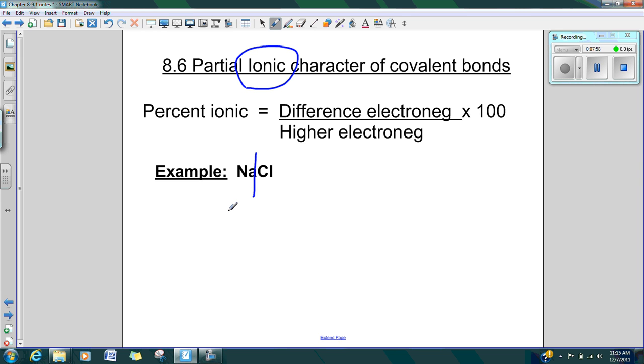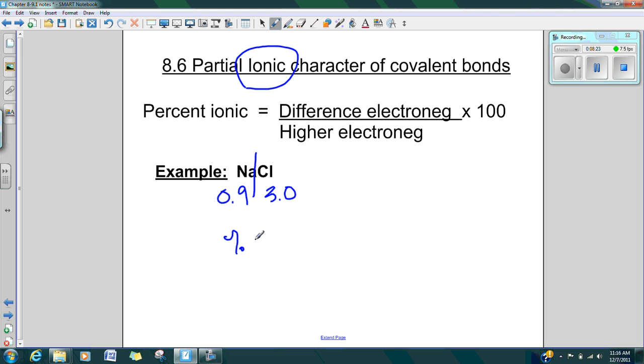So if I take a look at sodium and chlorine, I look on my electronegativity sheet, and sodium has an electronegativity value of 0.9. Chlorine is 3.0. This should make sense to you because sodium wants to lose that electron. Chlorine does not. So my difference here is 2.1.